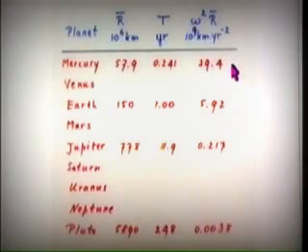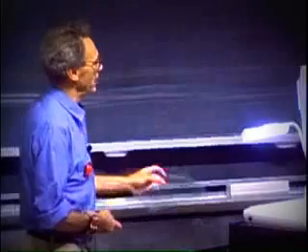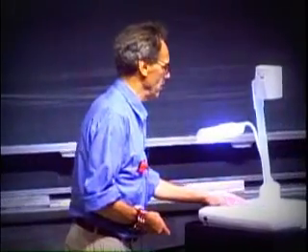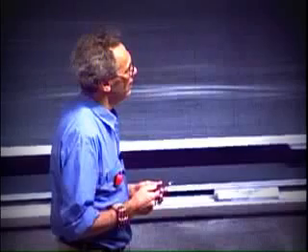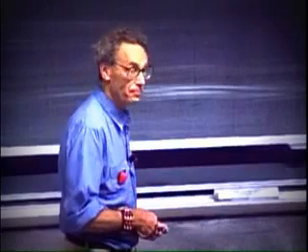So what I did was, I plotted this data, the centripetal acceleration versus the mean distance to the Sun, and I did that on log paper. And what is very striking is that all these points, I've done them for all the planets, fall on a straight line.